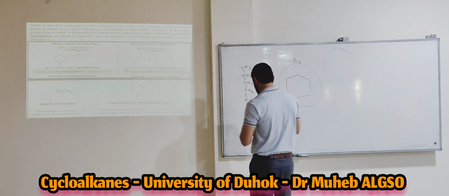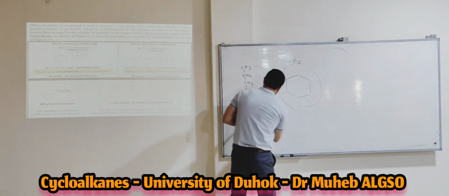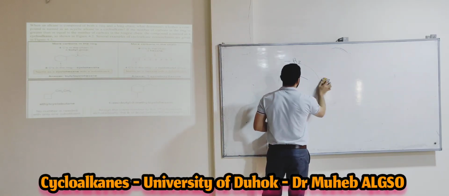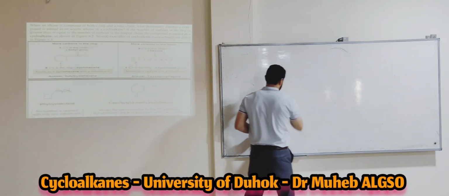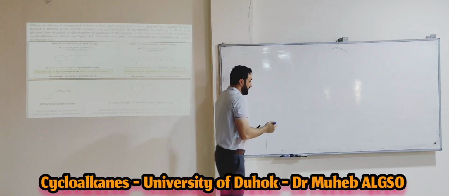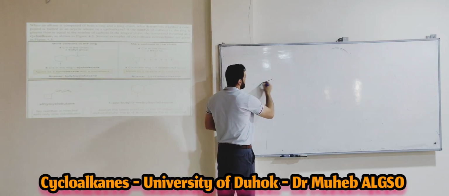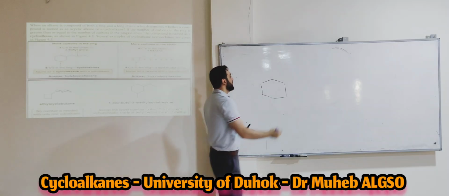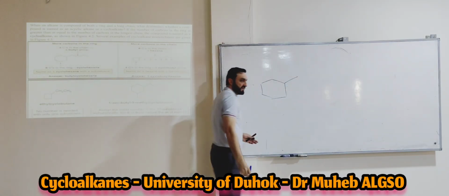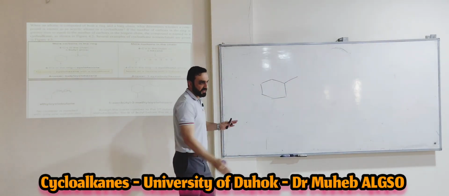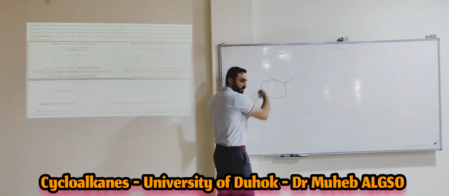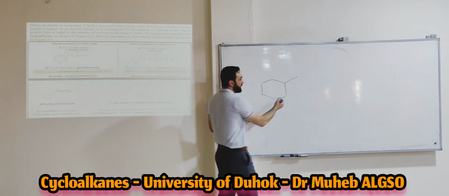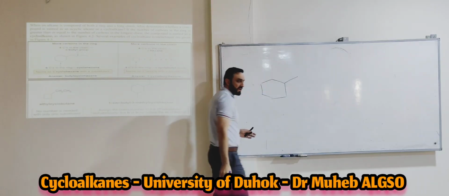We have an example here, cyclohexane. Now, if I put methyl here, the parent part will be the cycle. Why? Because the cycle has 6 carbon atoms and the substituent has 1 carbon atom.